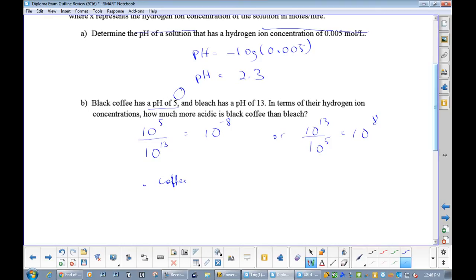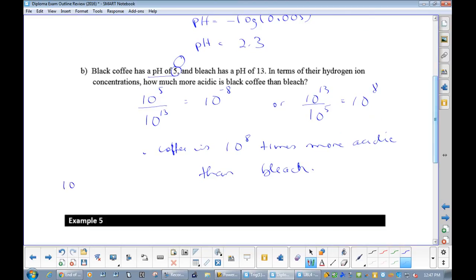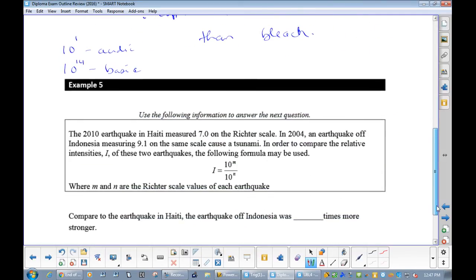Something with a pH of 1 is very acidic, right? So coffee is 10 to the 8th times more acidic than bleach. Because remember, 10 to the 1 is acidic, 10 to the 14 is basic, and 7 is a neutral substance.